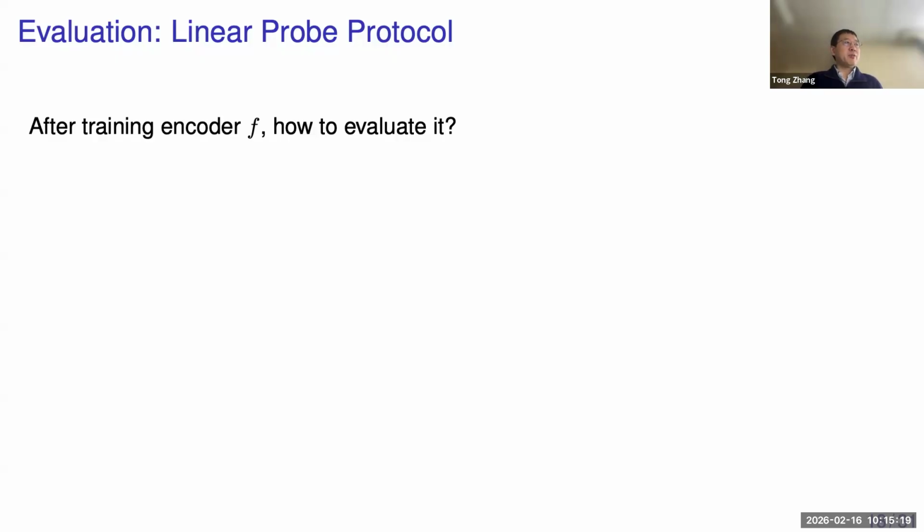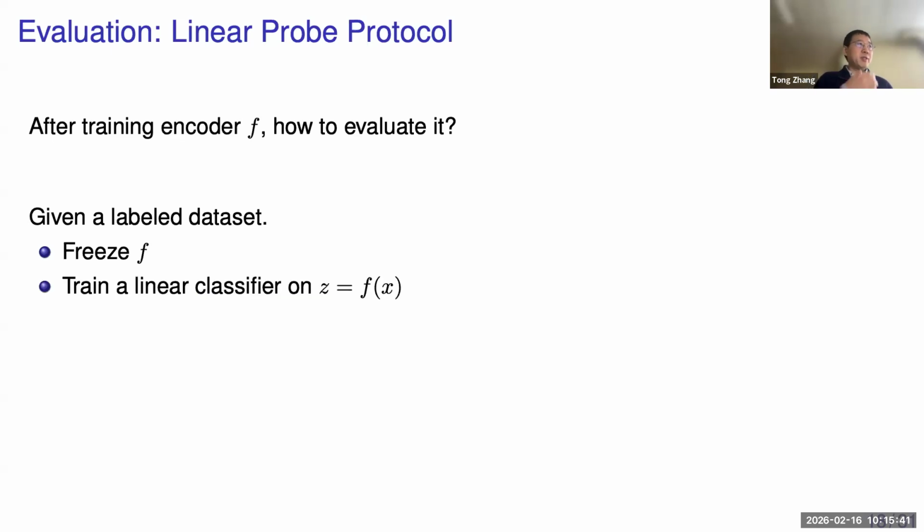So classification. You are trying to train an encoder, and how do you evaluate that? Given a labeled data set, freeze F. You train, for example, on ImageNet, an image encoder, unlabeled, let's say. Then you put the labels back for ImageNet, and you freeze your F. F is trained unsupervised.